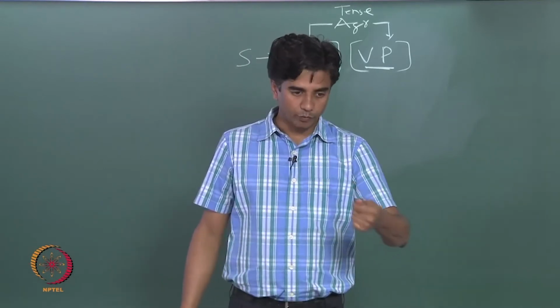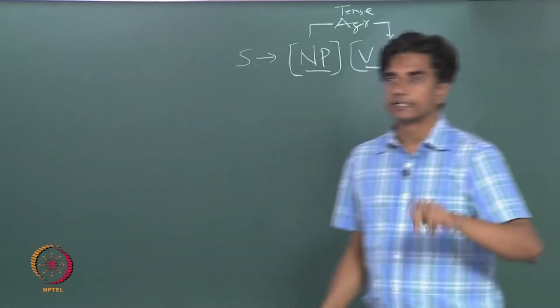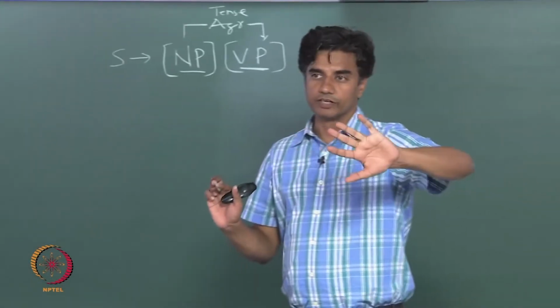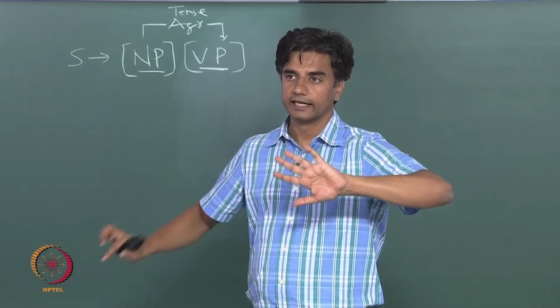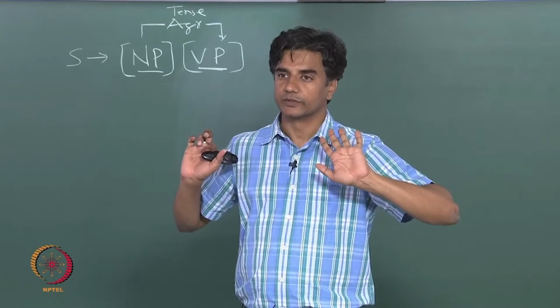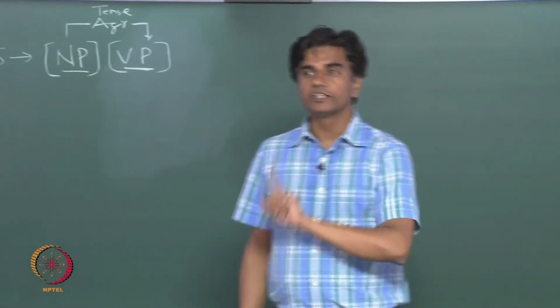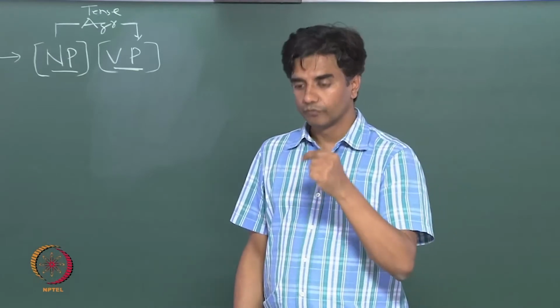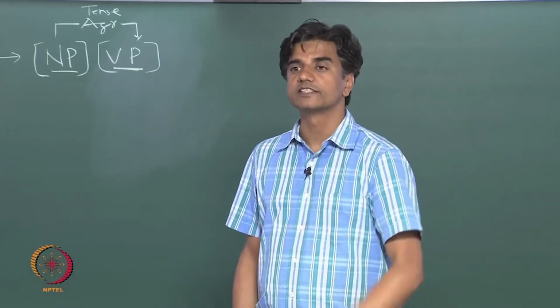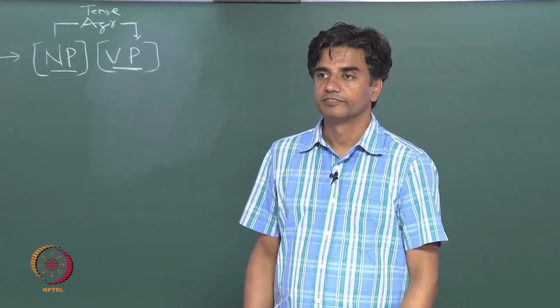However, we must give its proper credit that it separated functional layer from lexical layer, and that was a nice looking thing. This is one of the reasons, one of the first motivations for movement.